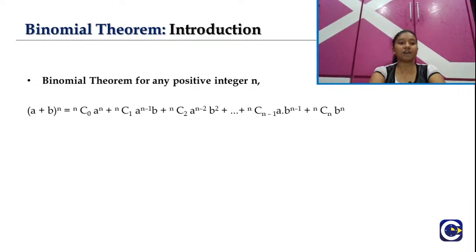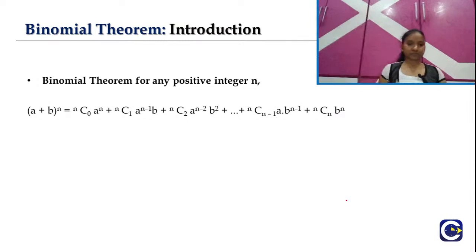So let's see our binomial theorem for any positive integer n, that is any positive index value. So far I have explained with a number as the index. Now we are trying to write a generalized form, that is (a plus b) whole power n. How will the coefficients start?